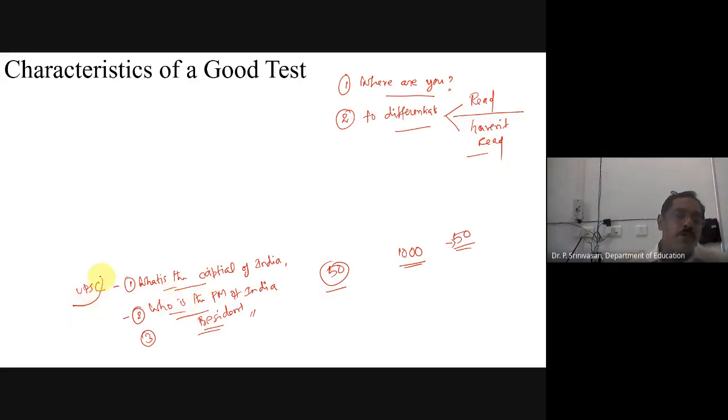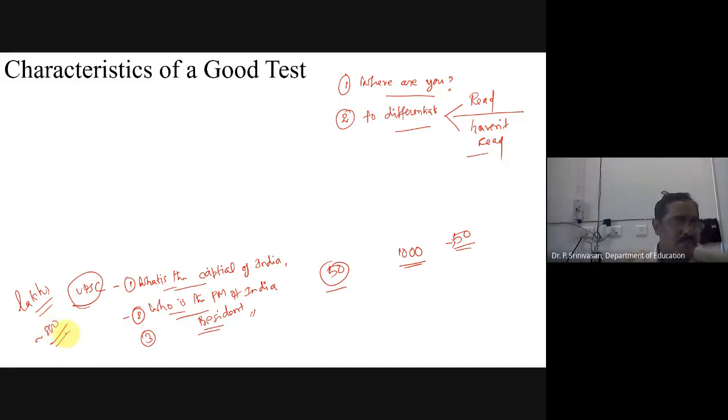Like our UPSC. If UPSC asks questions, they differentiate the people who have read and who have not read. Then only, of more than lakhs of people writing the IAS and IPS, the civil services examination, around 800 only go for the interview after mains.